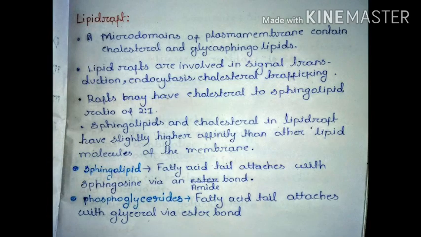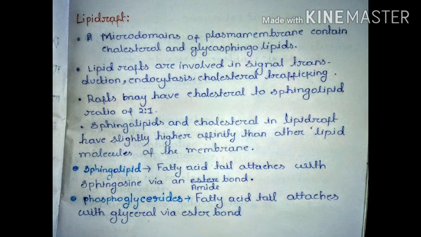When we discuss sphingosine-based phospholipid, a common word arises, that is lipid raft. What is a lipid raft? A microdomain of the plasma membrane that contains cholesterol, glycolipids, and also protein. Some glycoprotein is also present in the lipid raft, but the major constituents are cholesterol and glycosphingolipid.